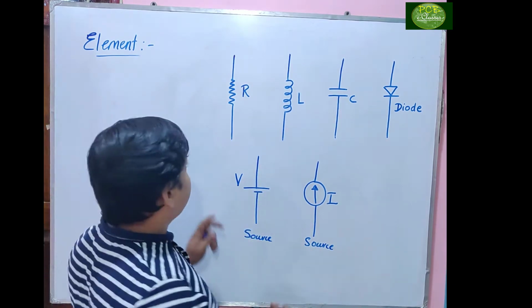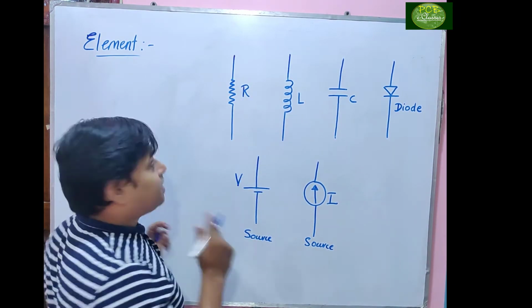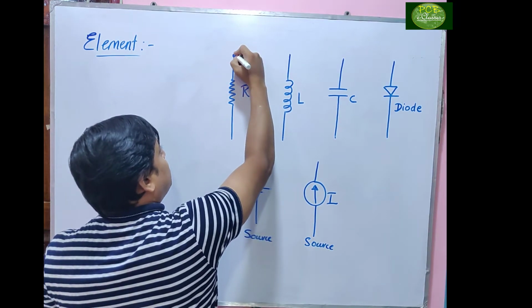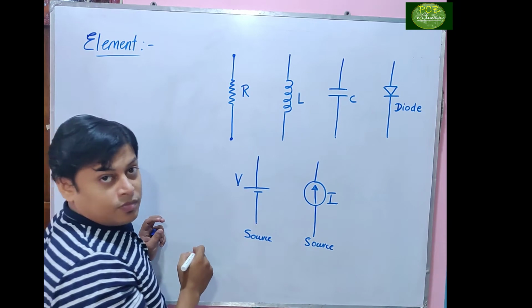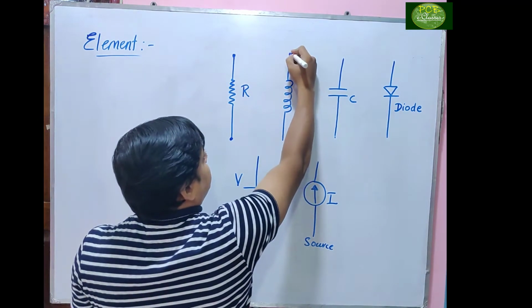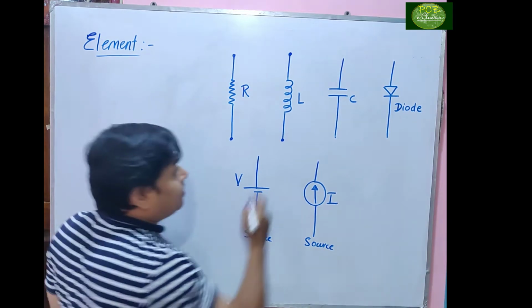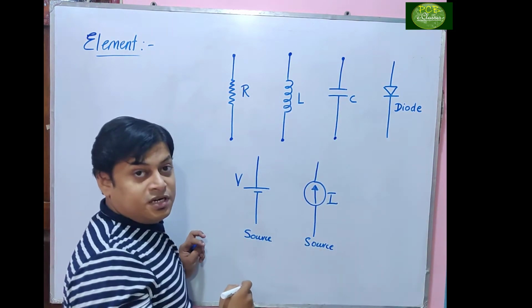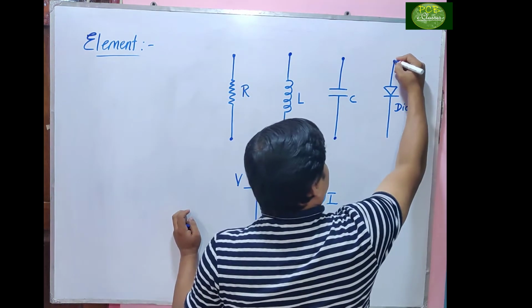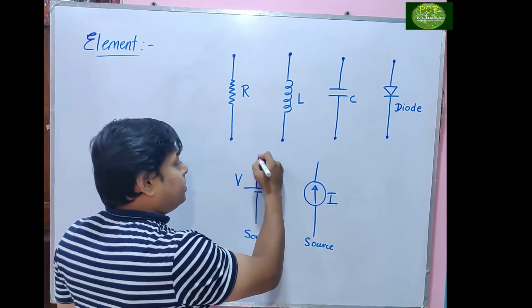These are the examples. See here, it's an element. Why? Because it has only two terminals. Here, two terminals. Thus, inductor is an element. Capacitor is having two terminals. That is why capacitor is an element. Diode is having two terminals. That is why it is an element.